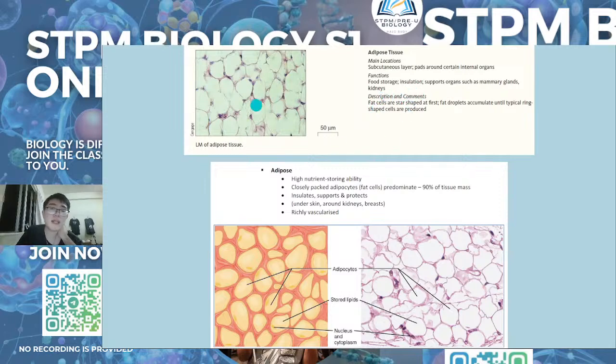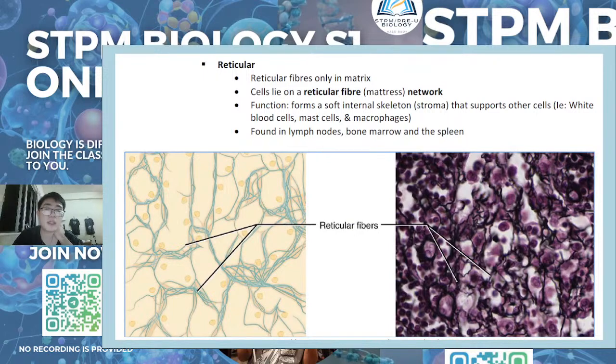So that is why orang yang gemuk boleh tahan sejuk lah compared to orang yang kurus, because it is the heat insulator. Also it can be found in the support organ. So normally all of the internal organs also contain adipose tissue. Also it can be food storage lah. Okay, so this is adipose tissue, and another one is reticular tissue.